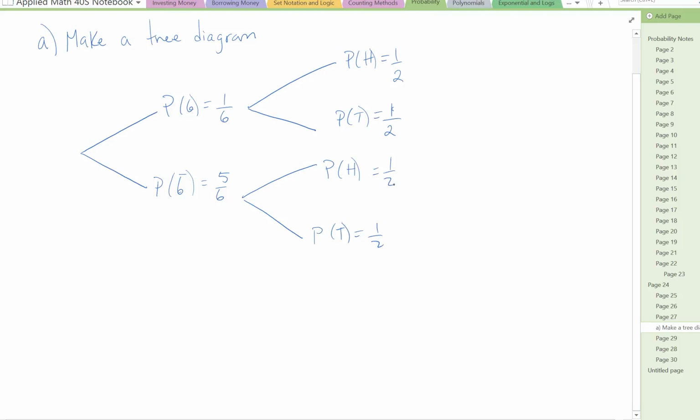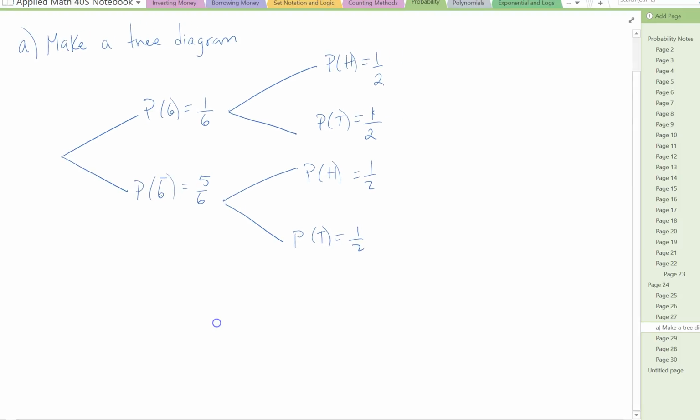Okay, so what we want to figure out is the probability of getting 1 point, the probability of getting 3 points, and the probability of getting no points. And we have to go back to our other page to see how we receive those points.